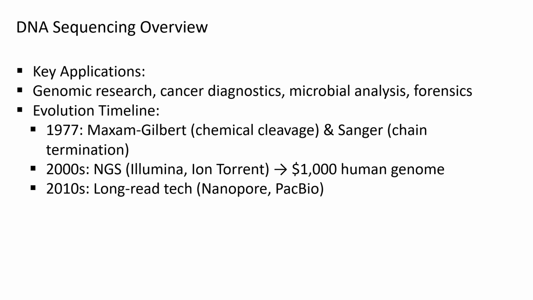Examples were nanopore and PacBio. So that's how sequencing as a technology developed, and it is a growing, evolving field still. A lot of developments are still coming in, and we'll talk about the challenges too.